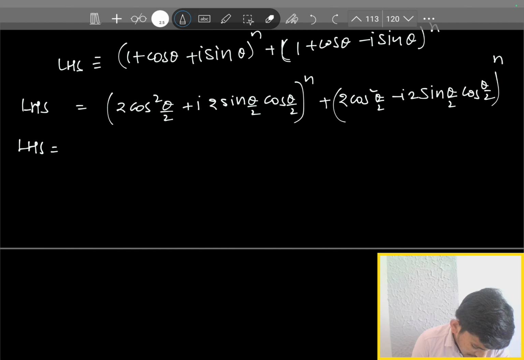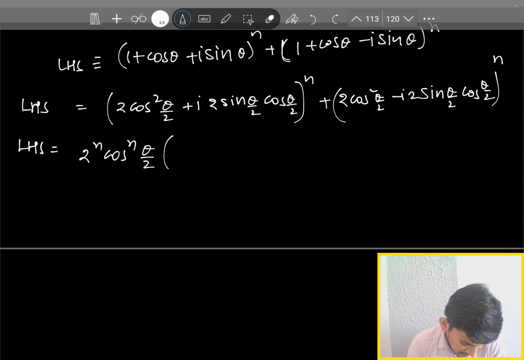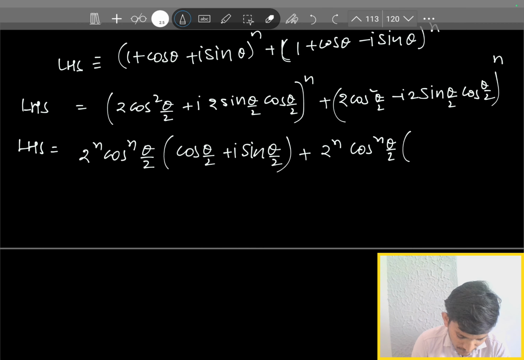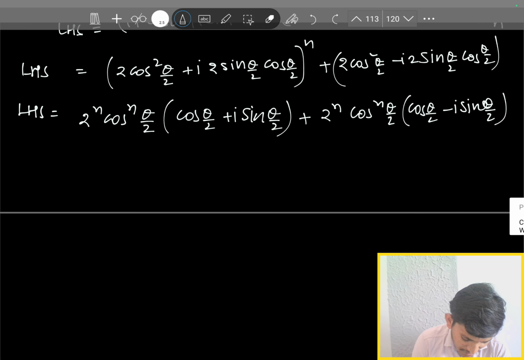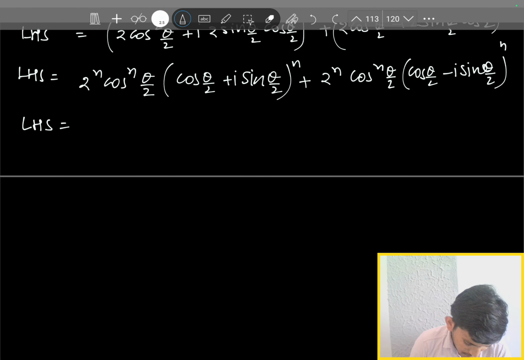Taking 2 cos theta by 2 common from both terms, we get 2^n cos^n(theta/2) into (cos theta by 2 plus i sin theta by 2), and similarly 2^n cos^n(theta/2) into (cos theta by 2 minus i sin theta by 2), whole power n. I forgot to mention whole power n over here.